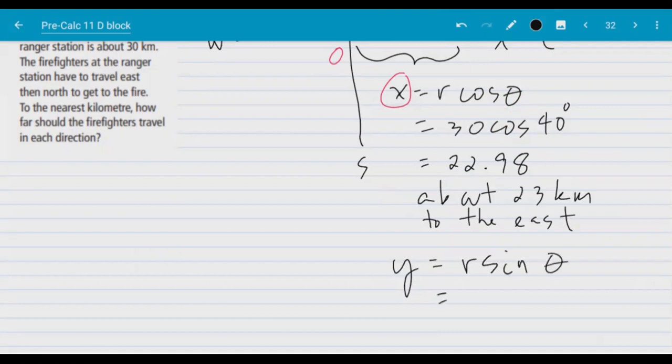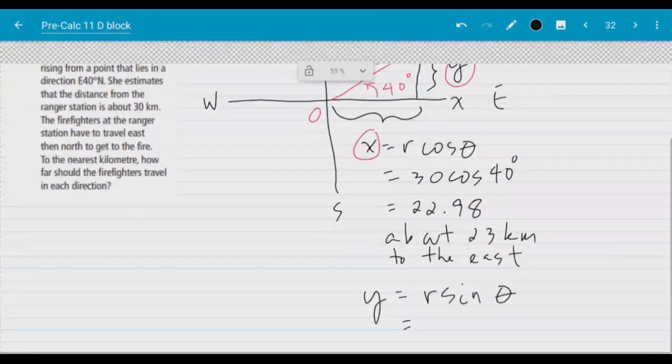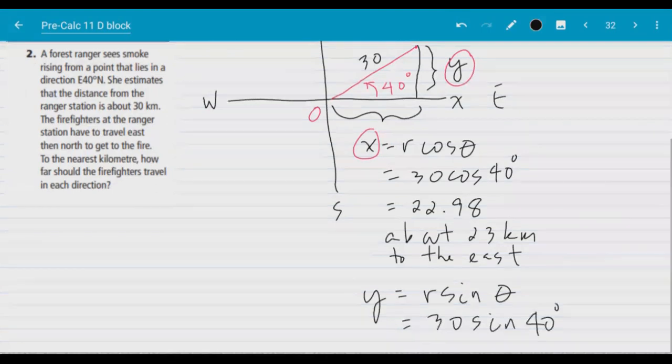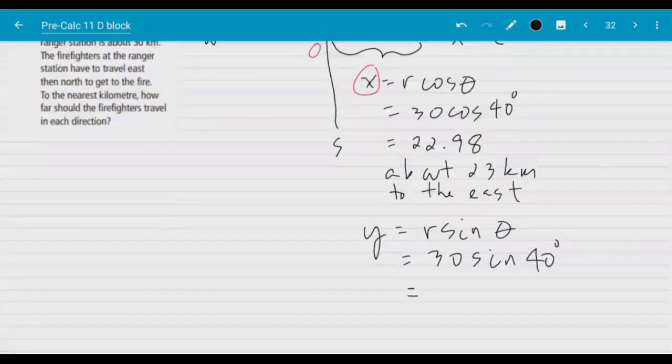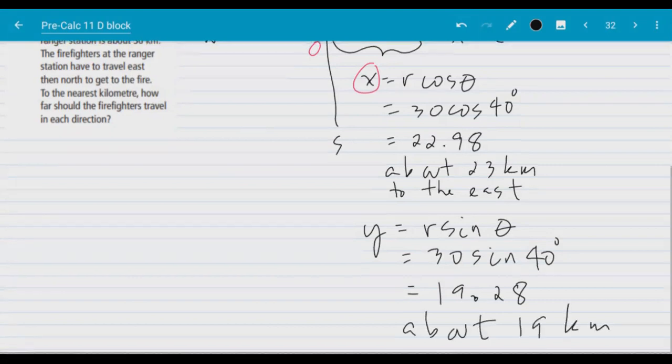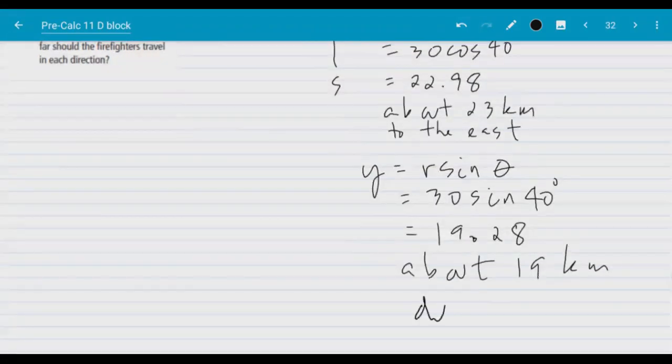Let's just look at the values. What is r? r is 30. What is theta? 40. If you do that correctly using your calculator, that would be about 19.28. And to the nearest kilometer is about 19 kilometers due north.